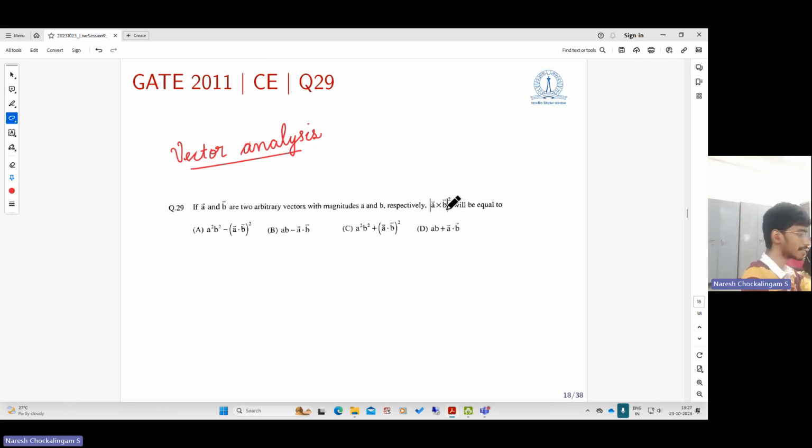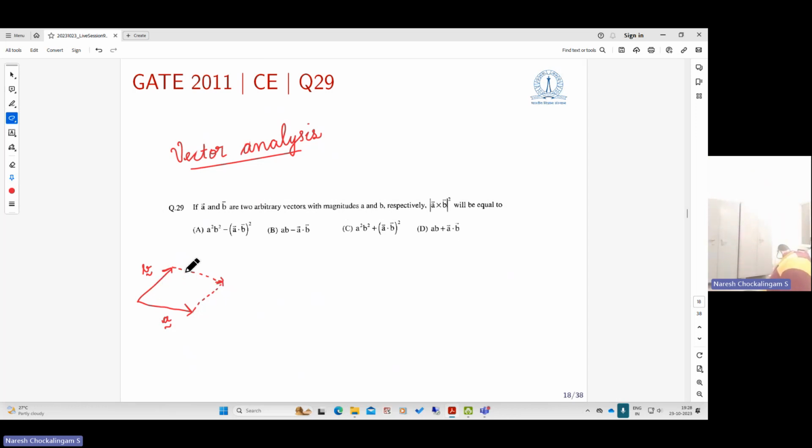Then we are asked to find out the square of the magnitude of the cross product of A and B. So we know that the cross product is defined as, if you have two vectors A and B, the cross product is the vector which is perpendicular to both A and B with a magnitude equal to the area of the parallelogram enclosed by A and B.